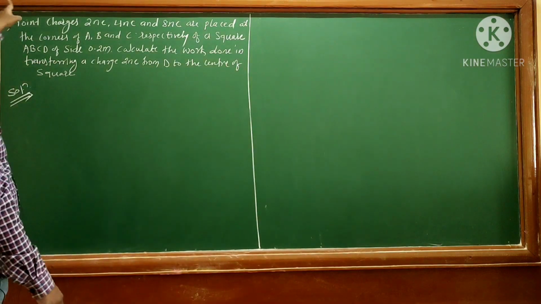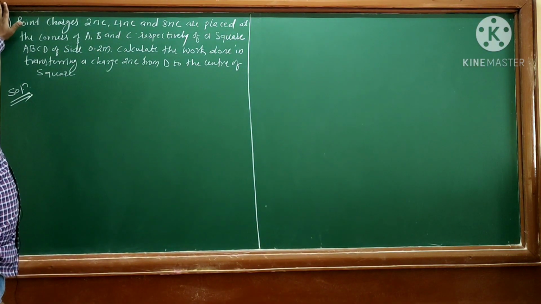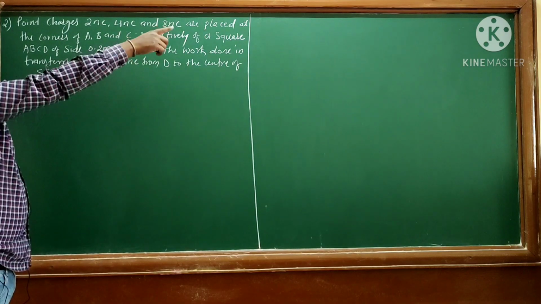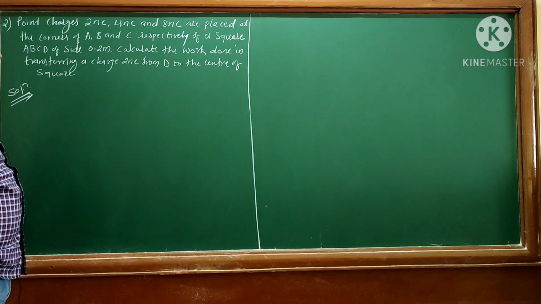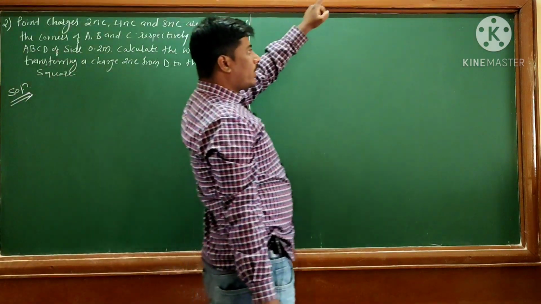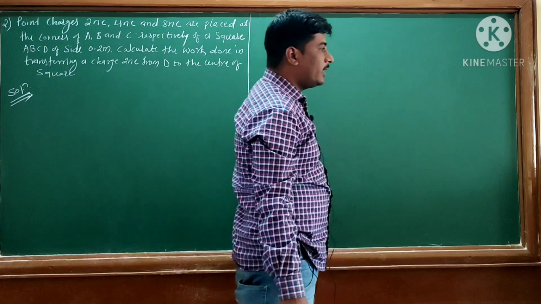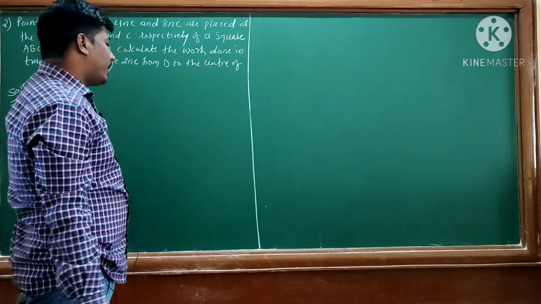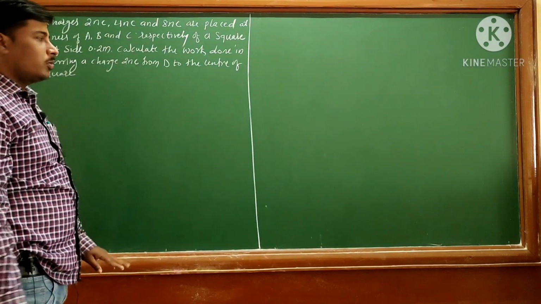Right, so look at this board. You can see it is a square. This is point A, point B, C and point D. Point charge 2 nanocoulomb is placed here, 4 nanocoulomb here and 8 nanocoulomb at this point, and the side of this square is 0.2 meter.